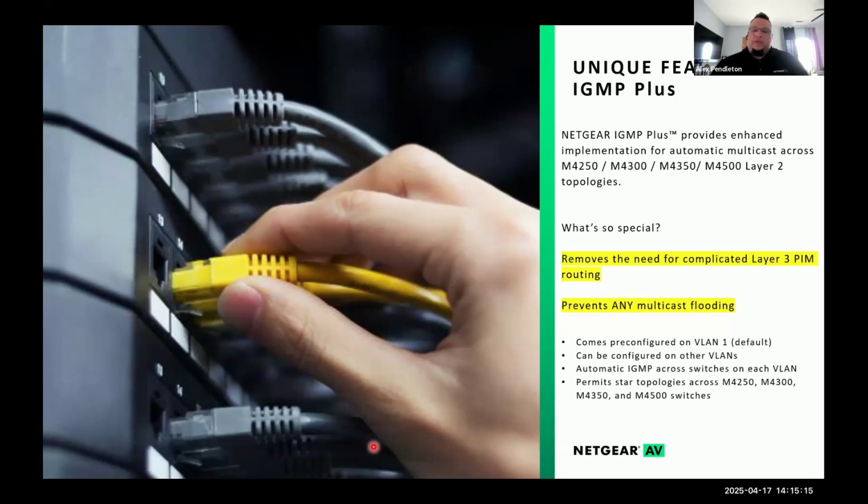As time progressed, we found that if we made some small tweaks to the way IGMP behaves in a multi-switch environment, it would allow that layer 2 topology to continue to scale. Then you would not need to move to a more complicated configuration like layer 3 IP PIM routing, which was the old way of managing large scale AV over IP networks, and which was a frustration to system integrators in a lot of ways. We listened to them explain how hard it was to get layer 3 PIM working.